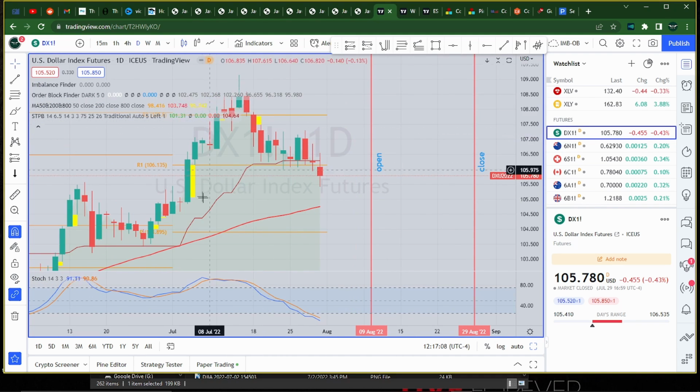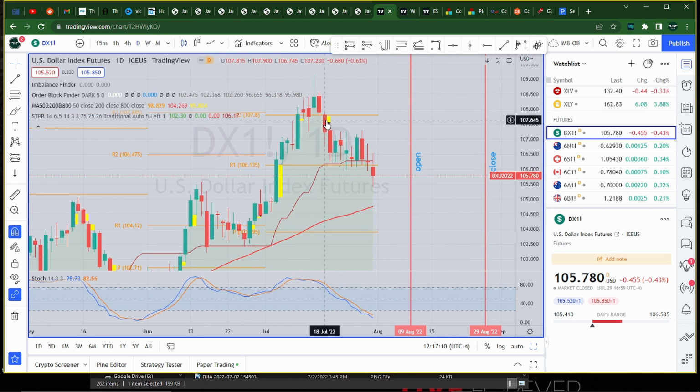As you can see, it's bullish, but it's in a retracement. It would be interesting to see if this actually does go bearish some more. But I think what's going to happen is it's setting up for a pullback and a long trade. So I'll monitor this also.